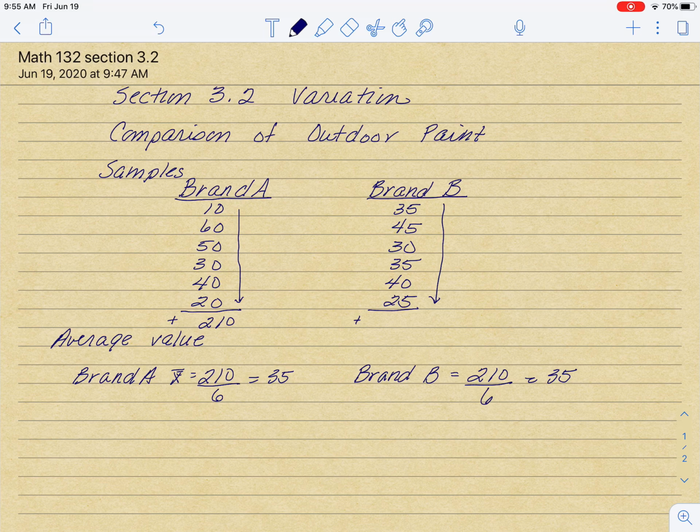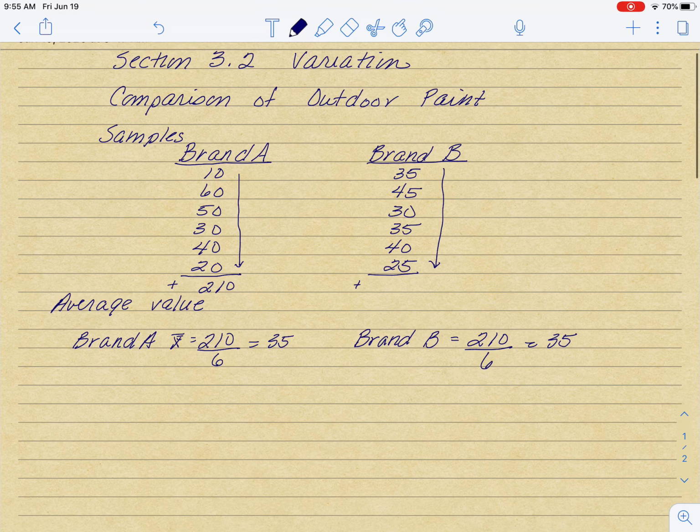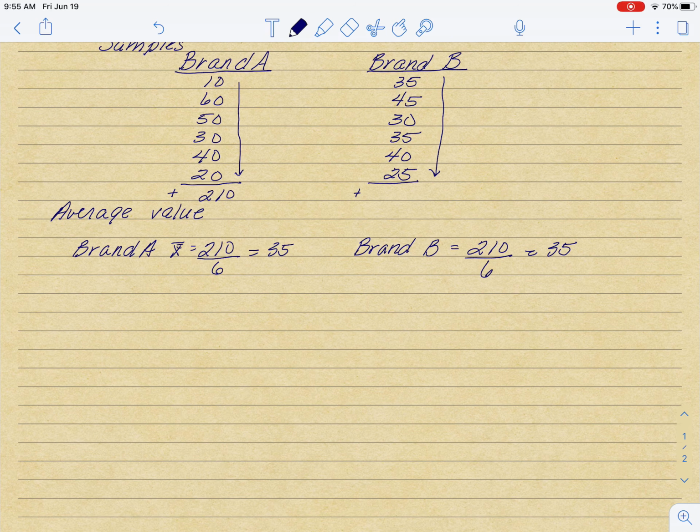So they don't look like the same type of paint. They obviously have different lasting abilities, and the question is how can they have the same average but be different this way? That has to do with what we call variability. The difference in their variability is what we're seeing with these different values, even though the average value is the same.